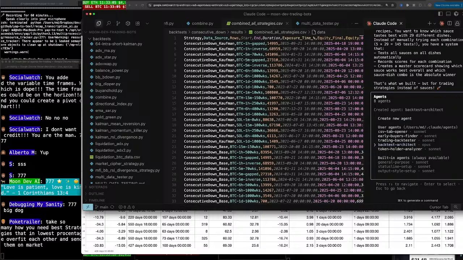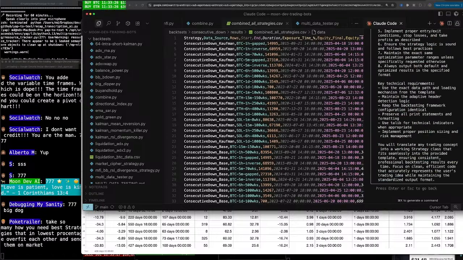Okay, so we have a backtest architect. What's this one? View agent.